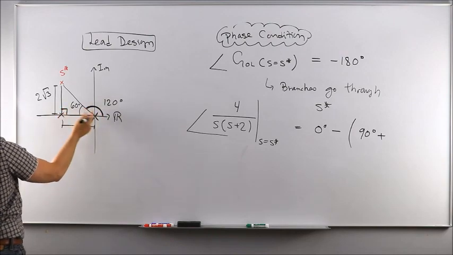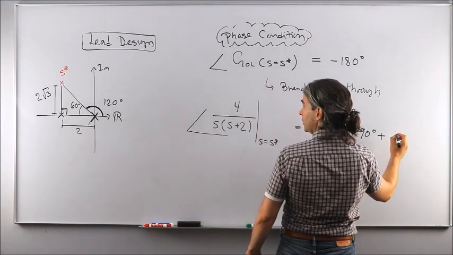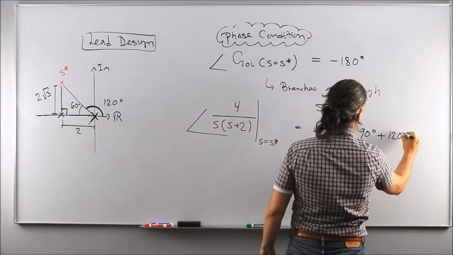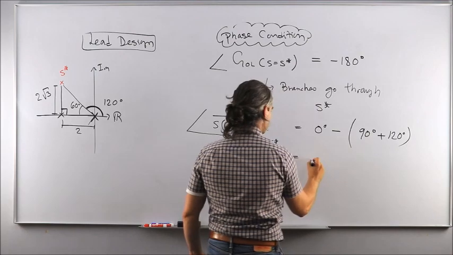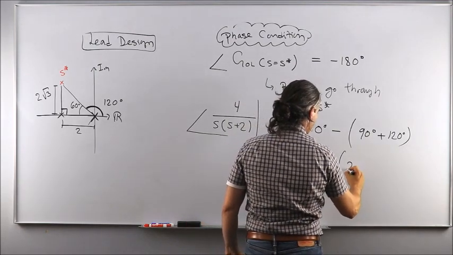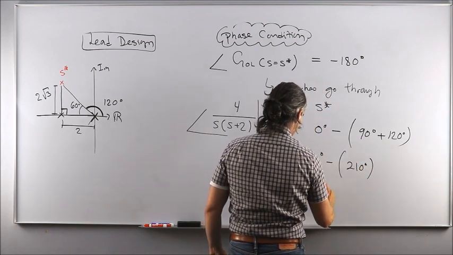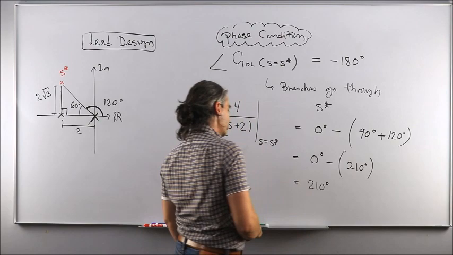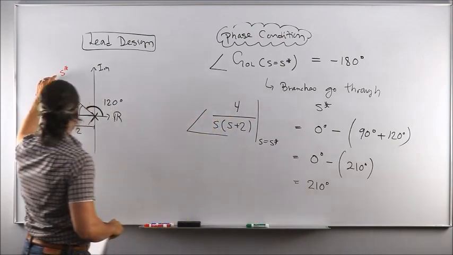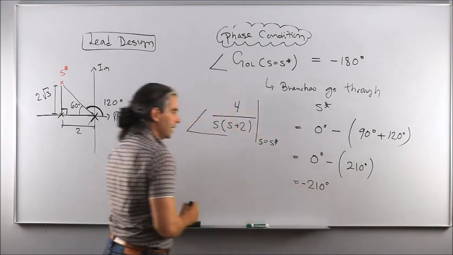Right? It's always positive counterclockwise. So 90 degrees plus 120 degrees. That is to say that now we are at 210, or that the phase of the current open loop transfer function evaluated at the desired pole locations will be minus 210 degrees.